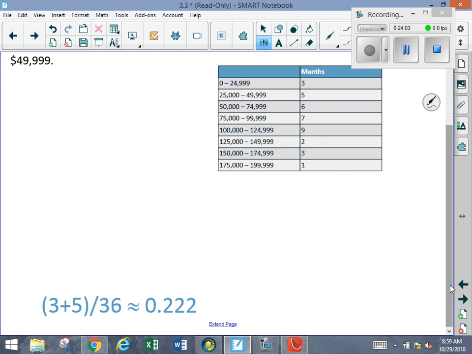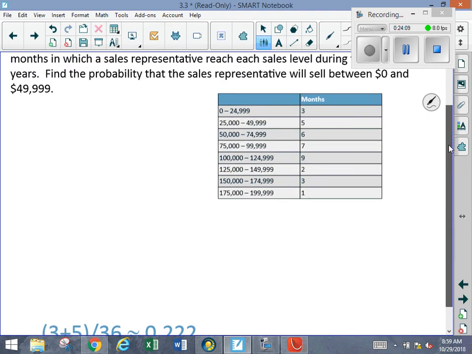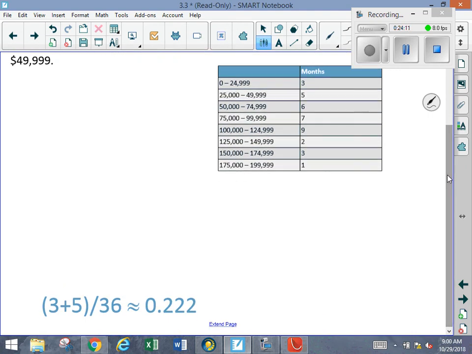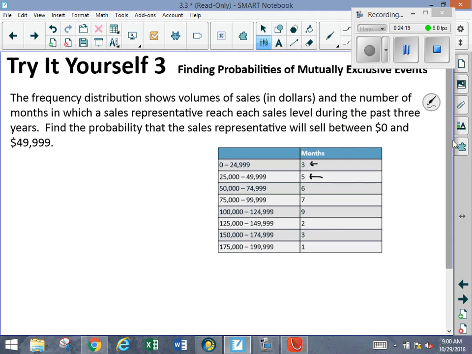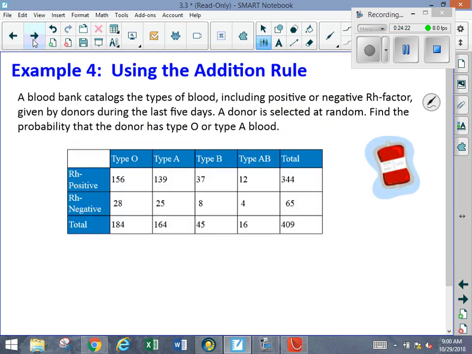It's going to work the same way as the previous example. I don't think we need to do two examples like this. I think that's good. We're going to add the 3 and the 5 months out of our total, which is 36. Let's do something more interesting. Here we go.